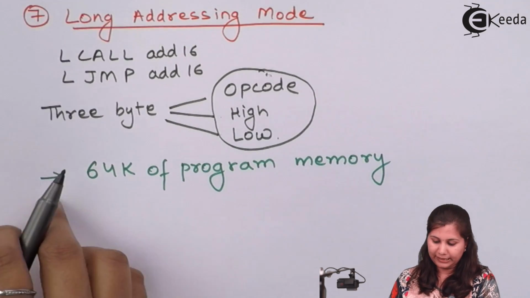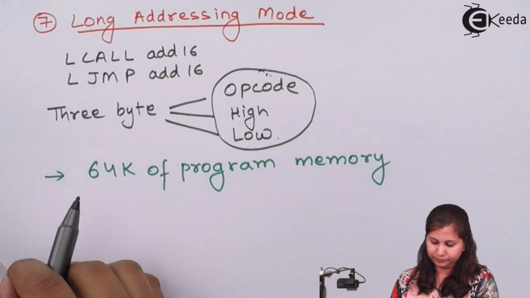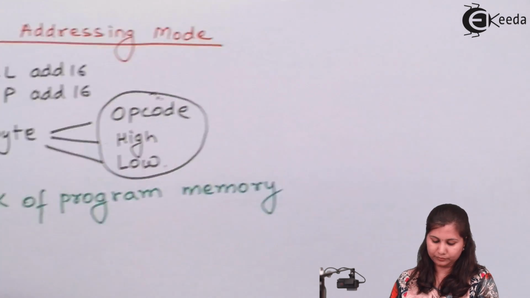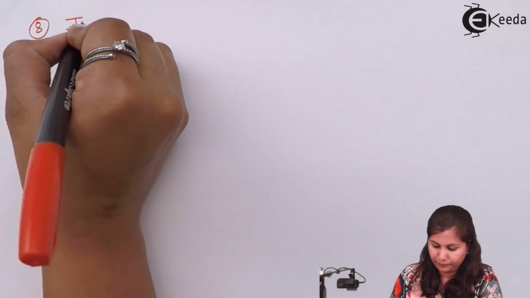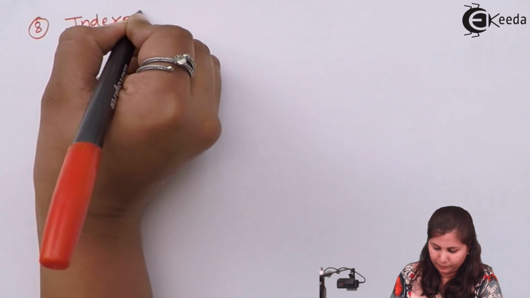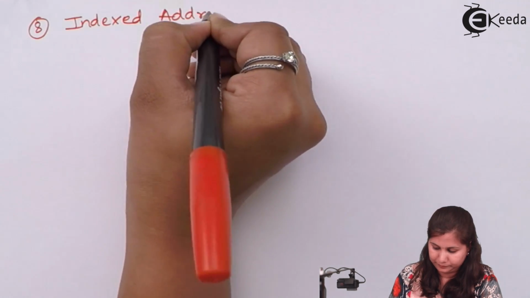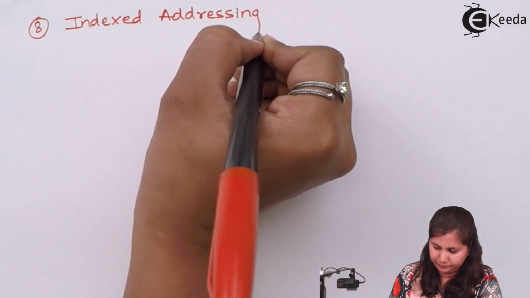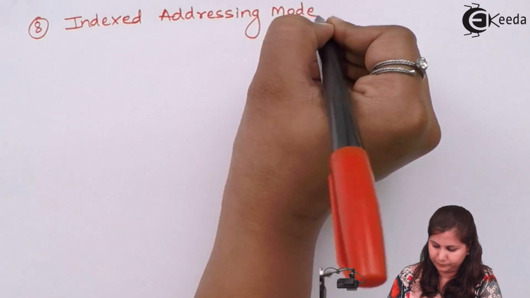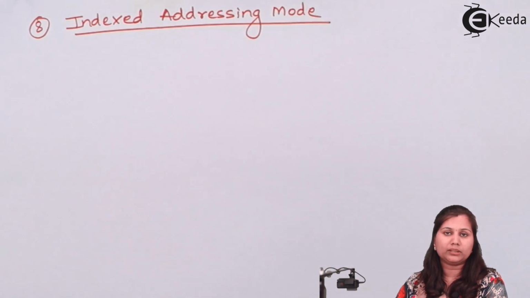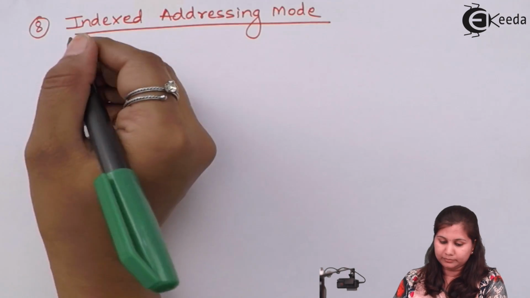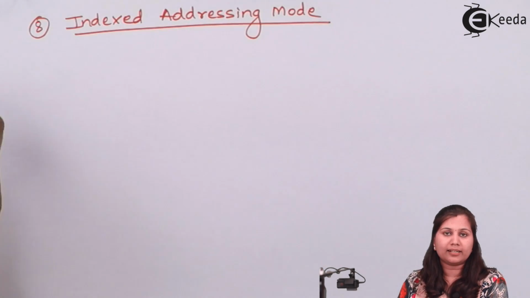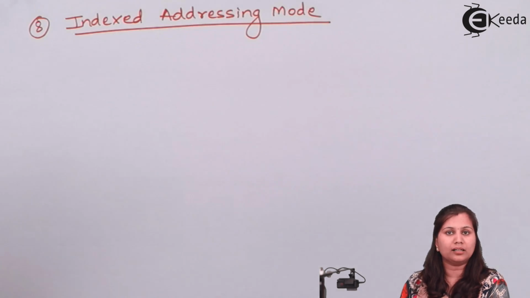Next we have the indexed addressing mode. Now in this addressing mode, the 16-bit address where the data is stored, that 16-bit address is obtained by adding the contents of the base register plus the accumulator.